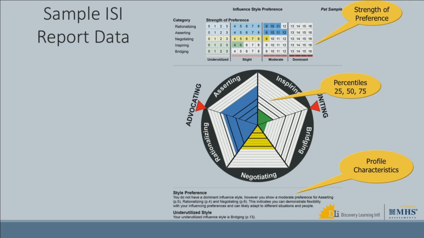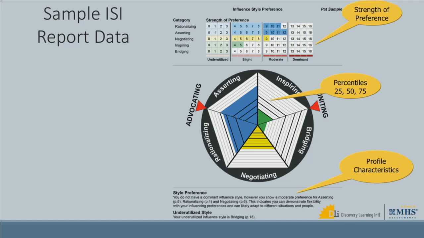And what you have at the top of your report page, which is shown here, is the strength of your preference, how much time you spend in one style versus any of the others. But also, you see with the percentiles, with those dark lines that appear within each style, where the 25th, 50th, and 75th percentiles of the population are.